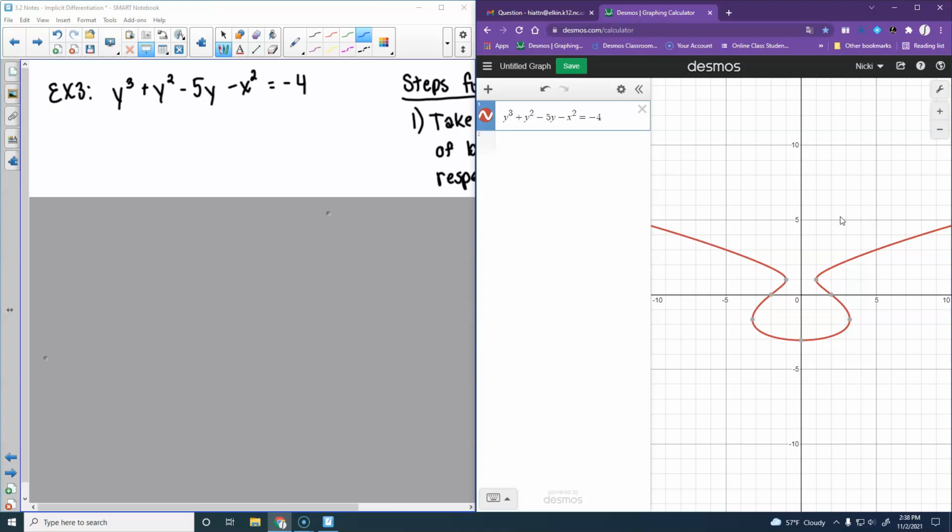So that's differentiable, right? No, this is not a function. It is not a function, and that's why it has to be defined implicitly. You can't define it explicitly because it's not a function. Explicits have to be functions. And the implicit might be a function, but it doesn't have to be a function.